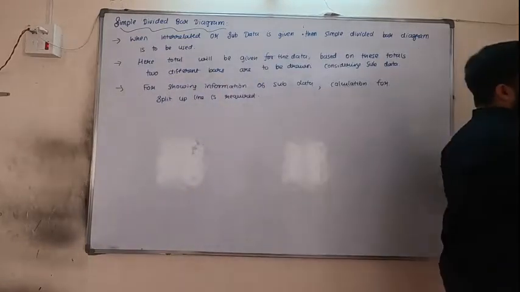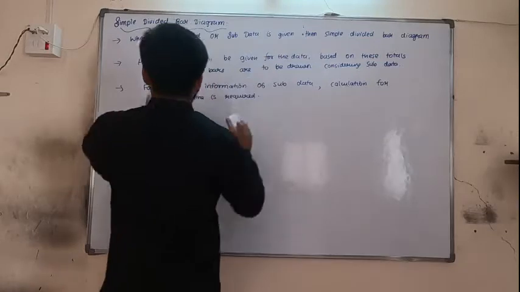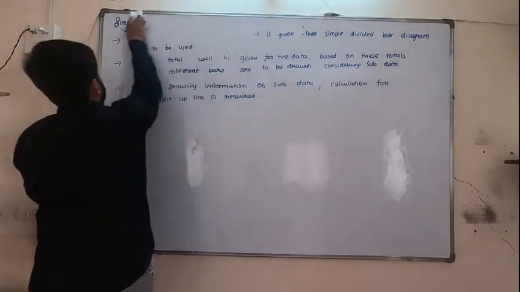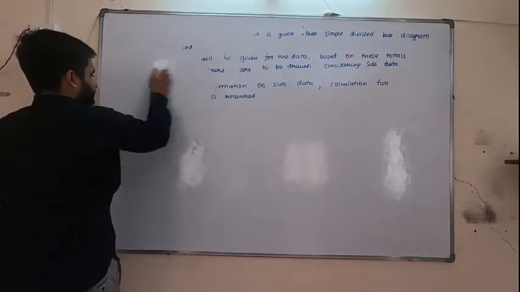Okay friends, now for this thing, first of all we will write. This is to be written in your fair book. Now the thing which I am writing is to be written in a graph book.